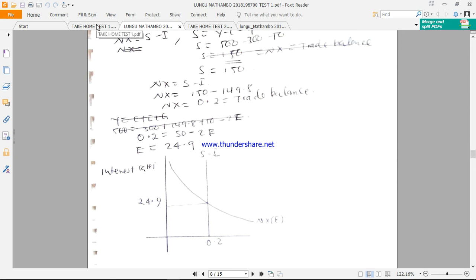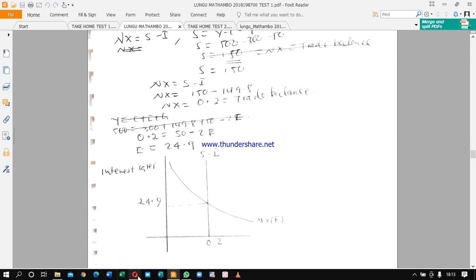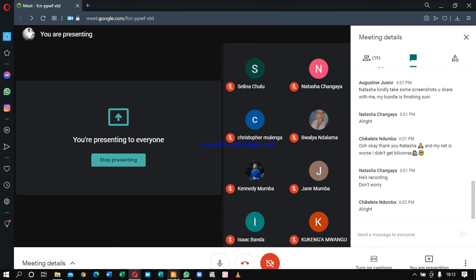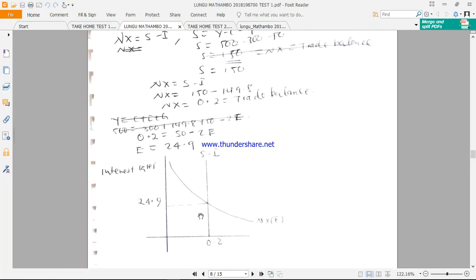Unless we have questions there. What's on the X axis, and why do we have 0.2 there?